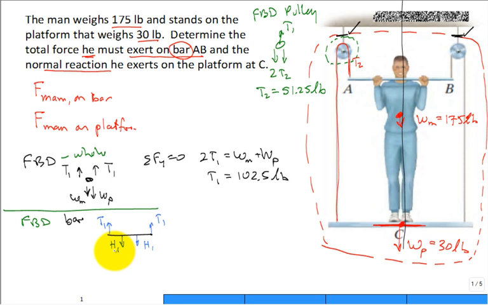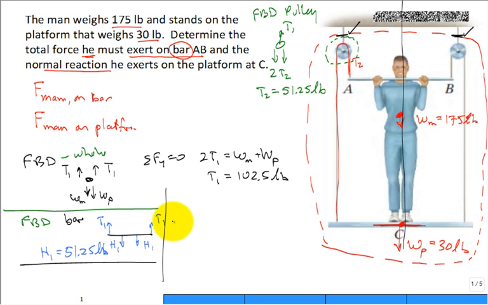So if we do that, we conclude that each hand exerts a downward force, by the illustration, having magnitude of 51.25 pounds, isn't it? That's good.